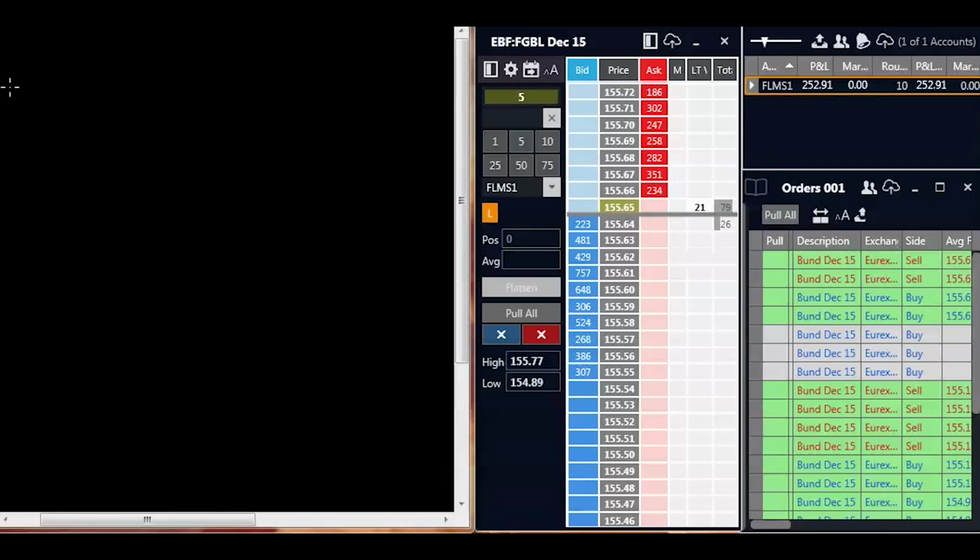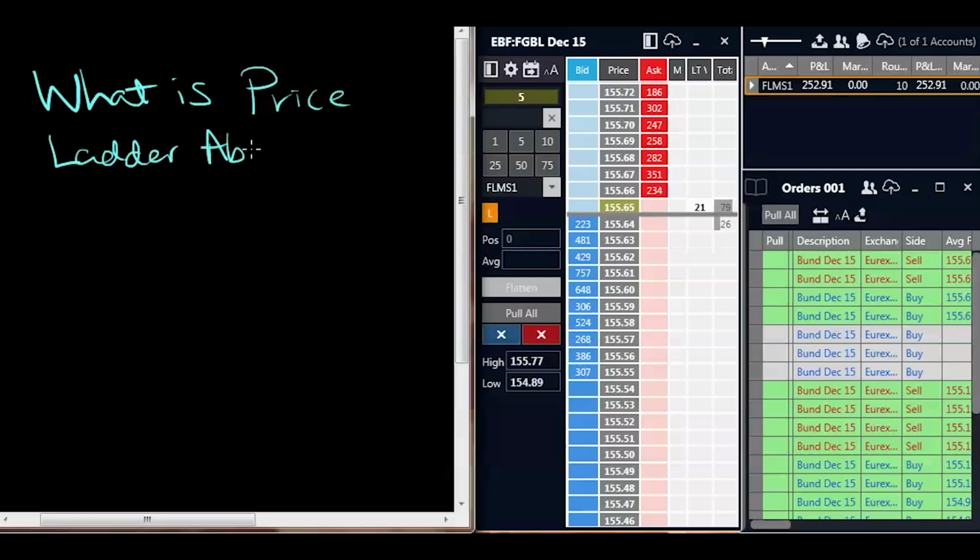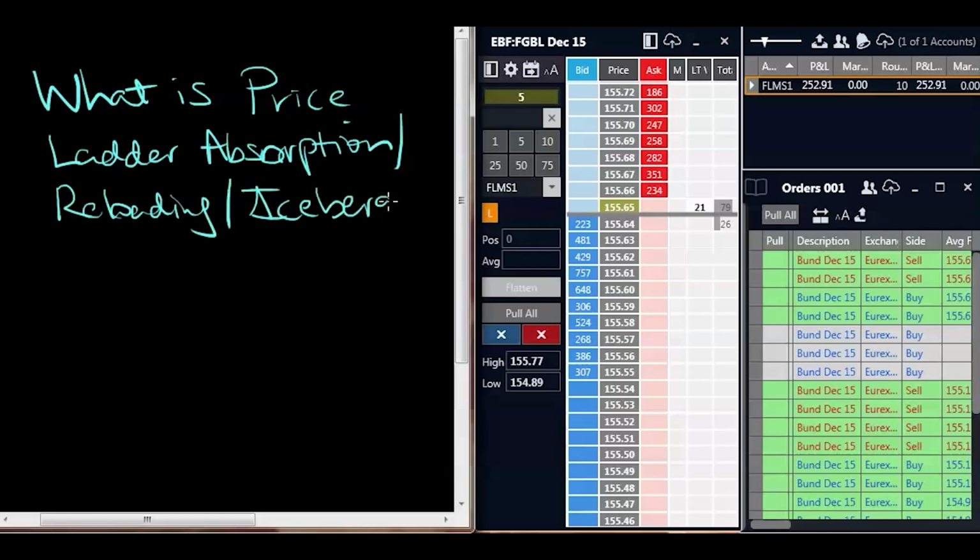Today we're covering what price ladder absorption, reloading, and iceberging are. You might have heard of these terms already before.